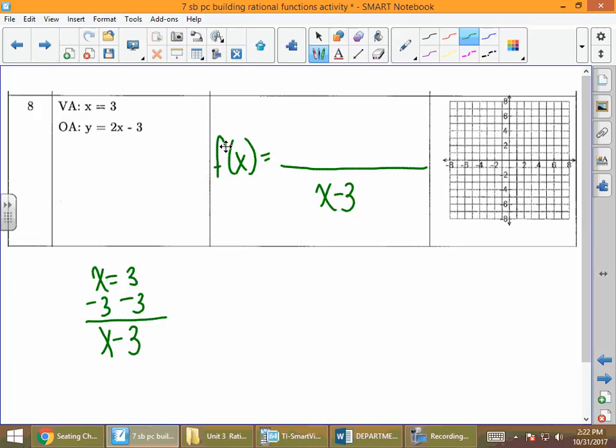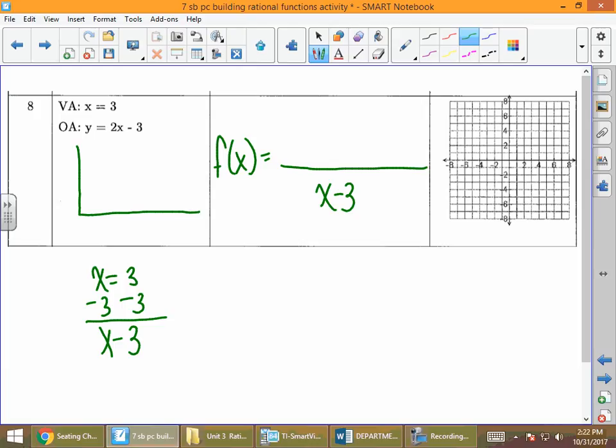And when we have an oblique asymptote, what we have to do is synthetic division, because the degree on the top is going to be 1 degree more than what's on the bottom. So, let's figure out what it is with our synthetic division.